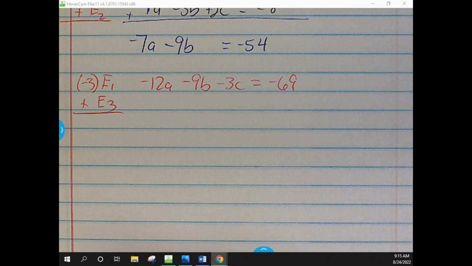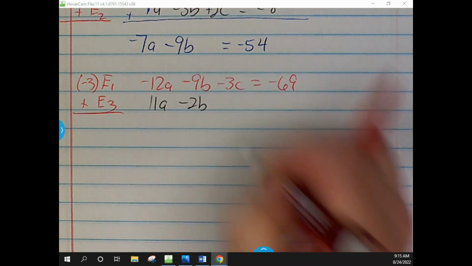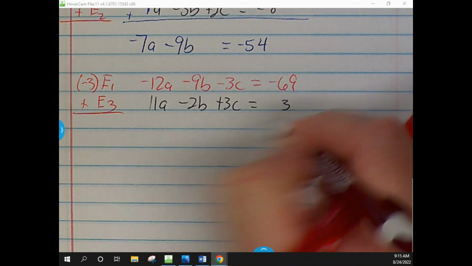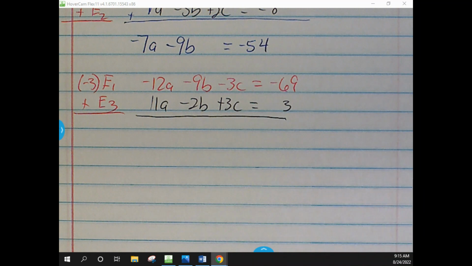Equation 3 is 11a minus 2b plus 3c equals 3. Okay. And it's always good to go back and double check, especially when they're kind of spread out. 11, -2, 3, 3. Yeah. Okay.